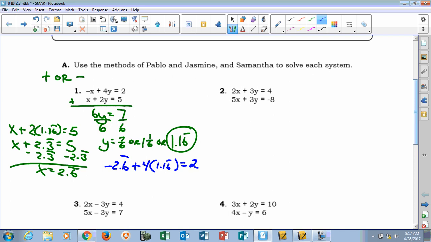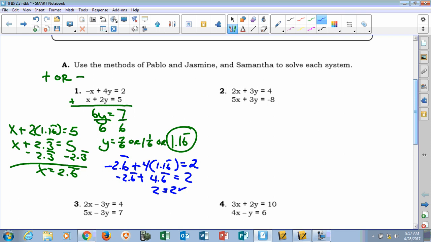Well, 4 times 1.16 repeating is 4.6 repeating, and that's negative 2.6 repeating. And when I take negative 2.6 repeating and add 4.6 repeating to it, I get 2.